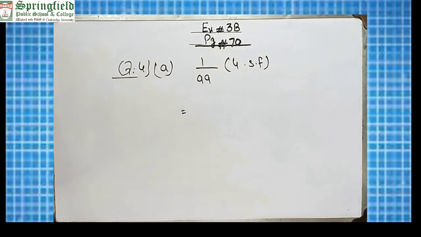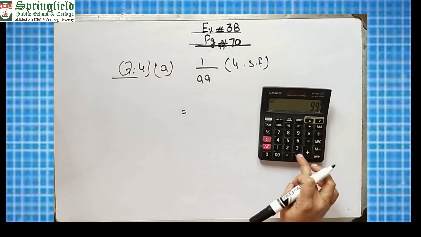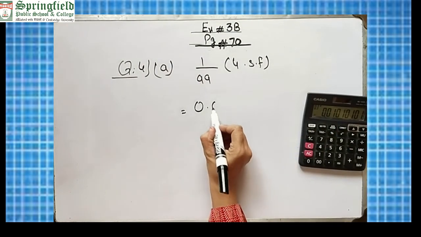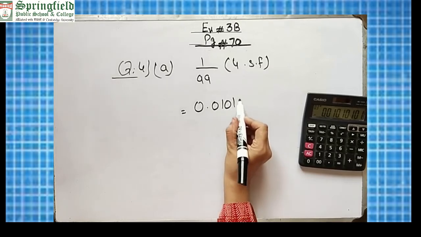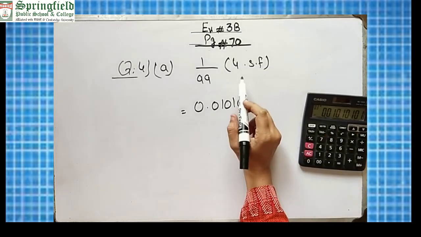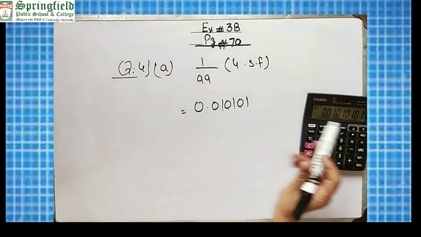First we will divide 1 by 99, so 0.01010. We will stop here. They are saying round off to 4 significant figures, that's why we will write at least 5 digits. 1 2 3 4 5.